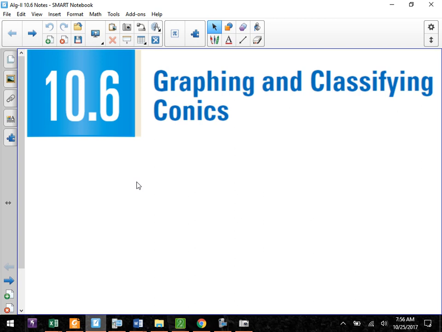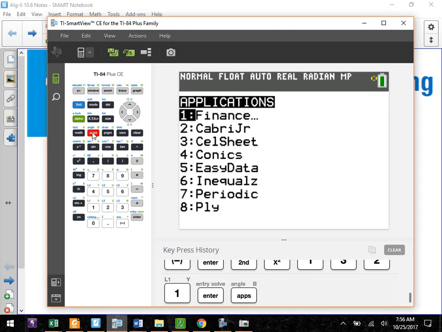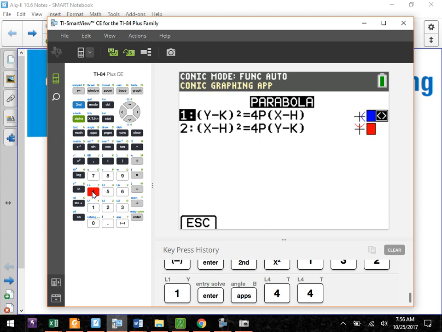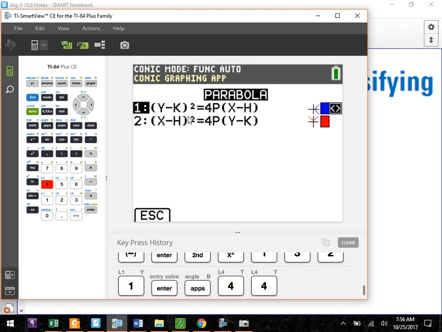Let's shift everything. So what I've shown you guys before is that on your calculators, in that app, we have all of the shifted forms of the equations. So what I want to do here is walk through what they all mean real fast.